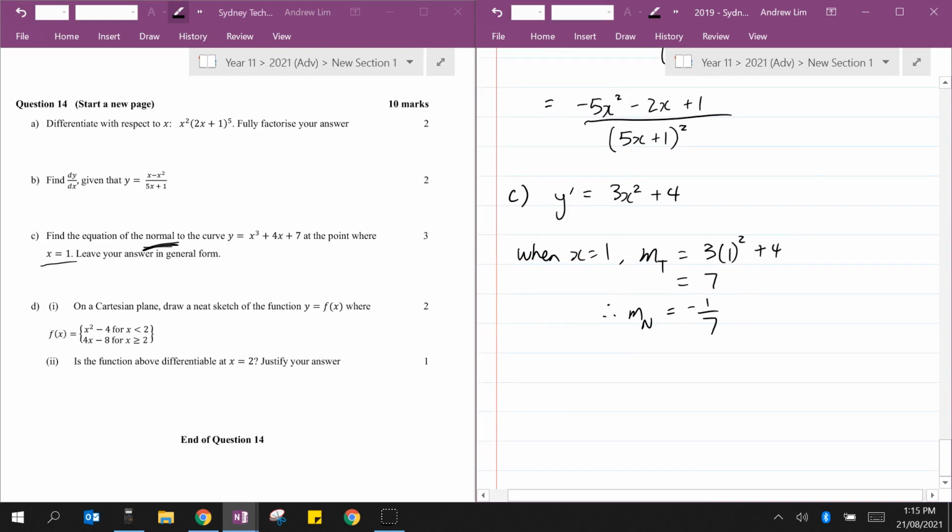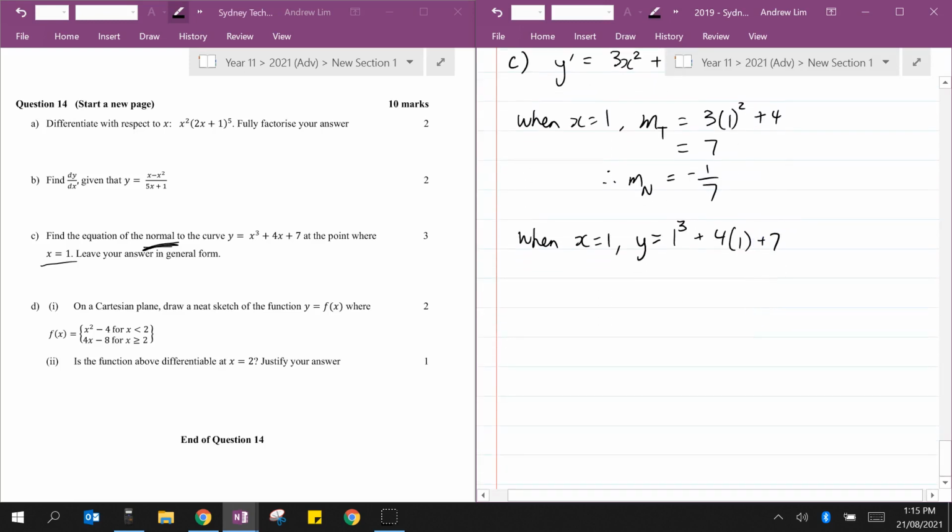Okay, now in order for us to work out the equation of the normal, we need a point. We don't have a point yet. We've got x equals 1. So we need to know what y is equal to when x is equal to 1. So when x is equal to 1, y is equal to 1 cubed plus 4 lots of 1 plus 7. Okay, just subbing it straight into the equation. 1 plus 4 is 5 plus 7 is 12.